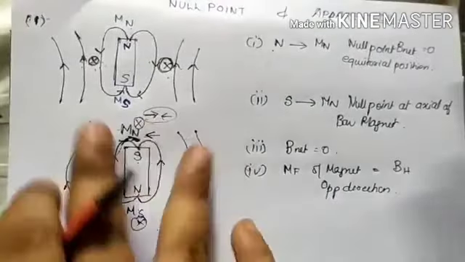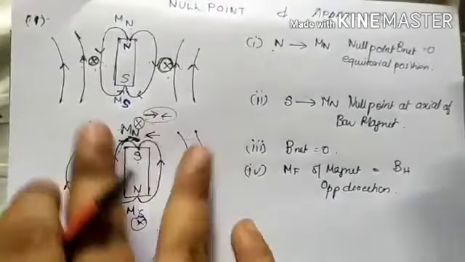See, at null points, we are sure that the magnetic field is 0. How we will be using it in problems is that at null points, the magnetic field of the Earth and the magnetic field of the magnet become equal. So which component of the Earth am I going to take? The horizontal component.